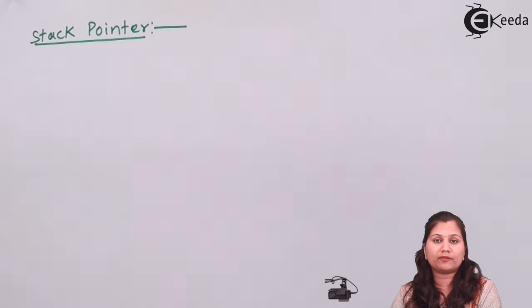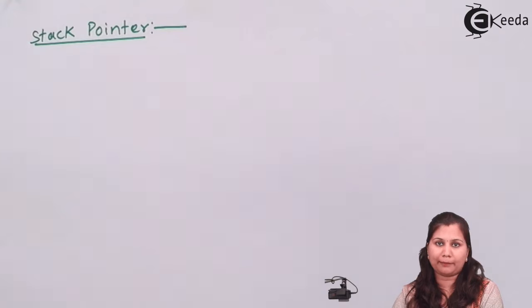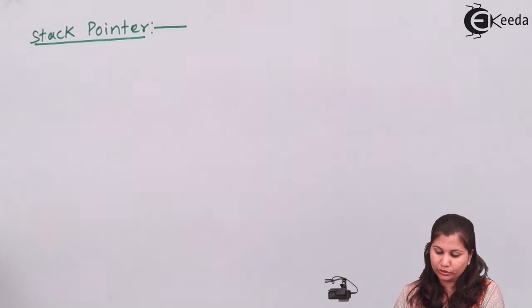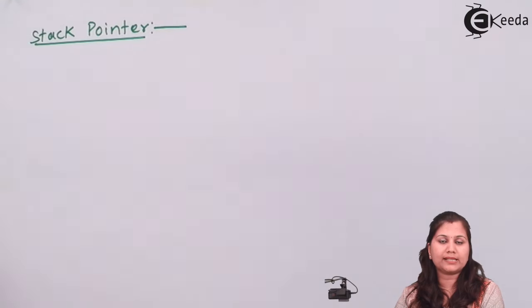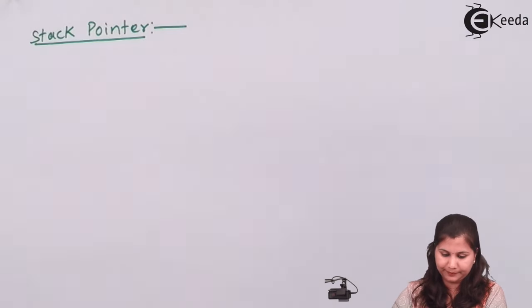The address from where the stack starts is pointed to by the stack pointer. So this stack pointer is a 16-bit register which points towards the starting address of the stack.